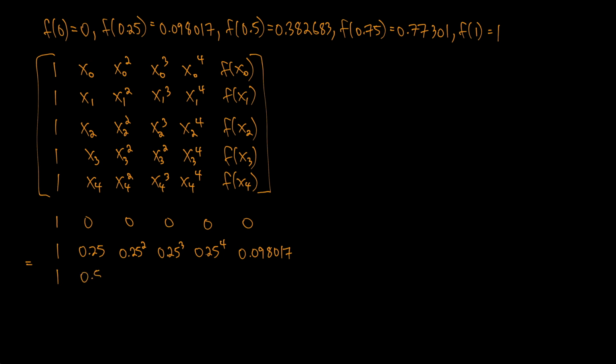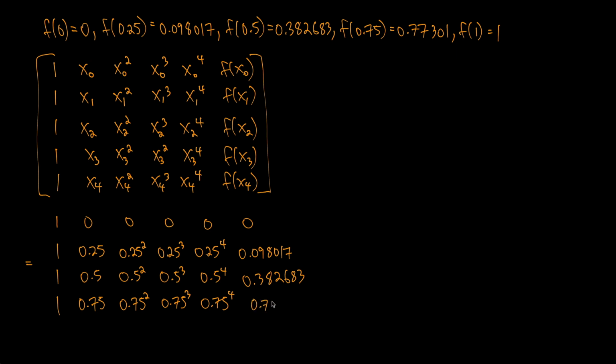Same thing for 0.5, 0.5 squared, 0.5 cubed, 0.5 to the 4th, and that should equal 0.382683. Then 0.75, 0.75 squared, 0.75 cubed, 0.75 to the 4th, and I should get 0.77301. And then 1 squared, cubed, etc. is all just 1.